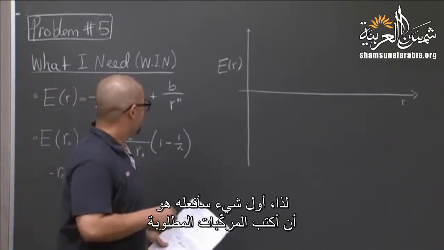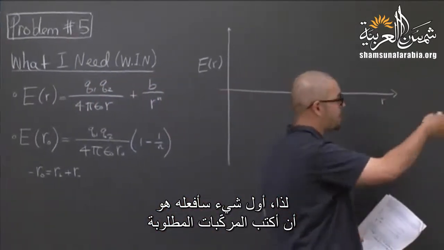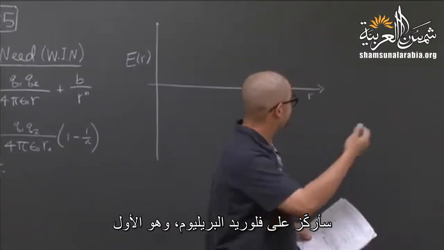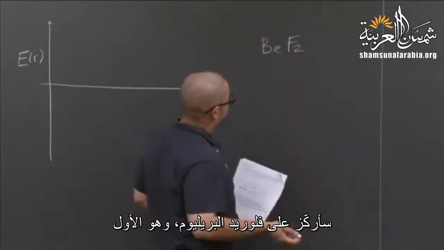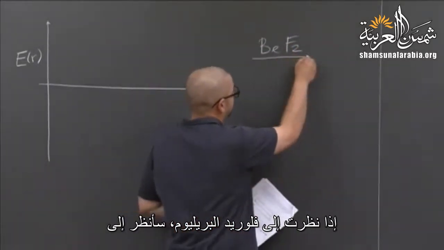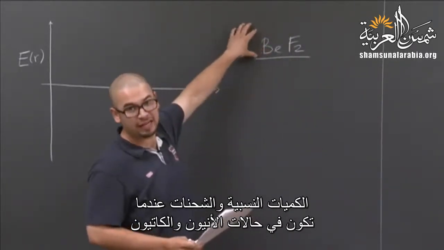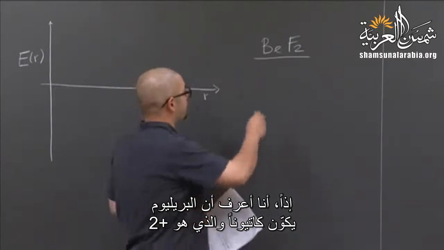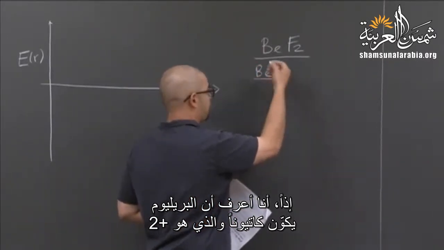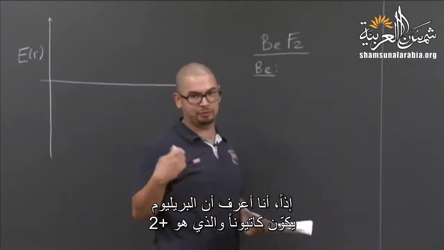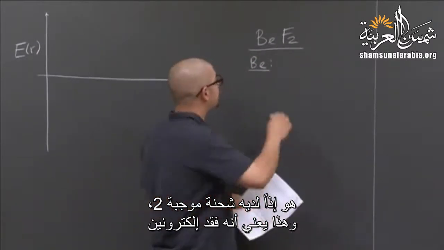The first thing that I would do is write down the compounds that I'm using. I'm focusing on beryllium fluoride, the first one. I'm going to look at the relative magnitudes and charges when they're in their cation and anion states. Beryllium forms a cation that is 2+, so it has a positive charge of 2, which means that it lost 2 electrons.